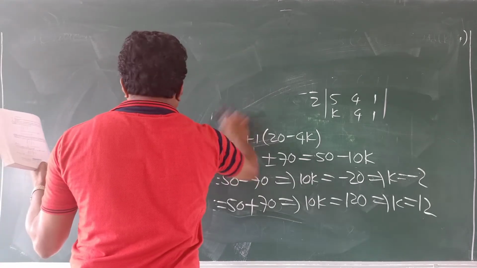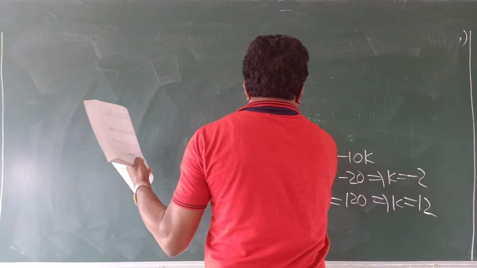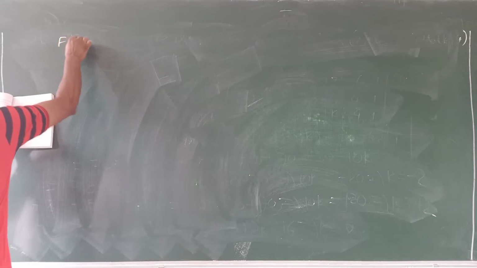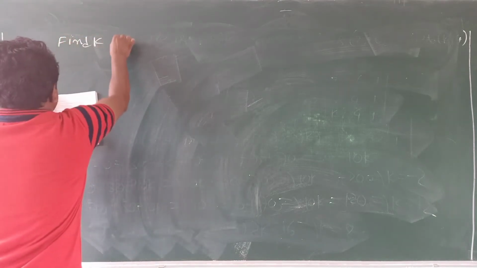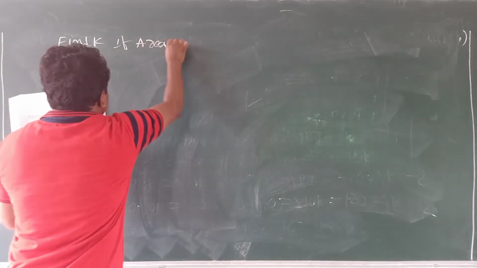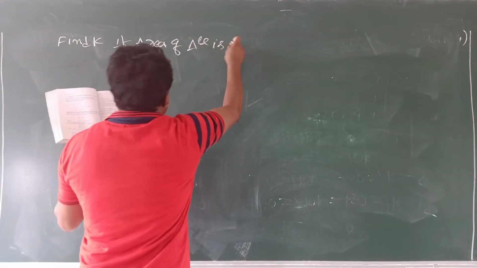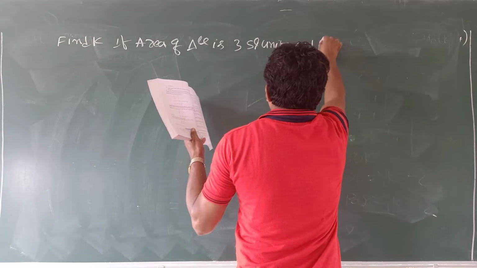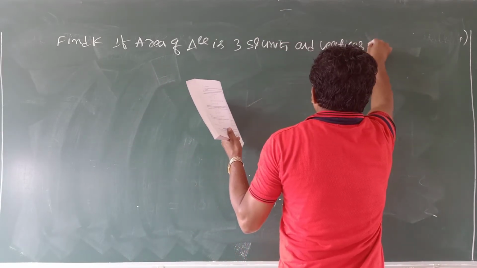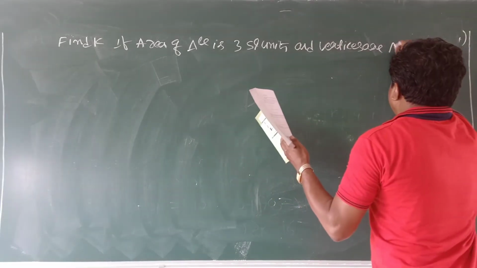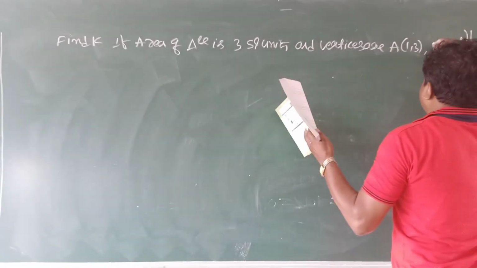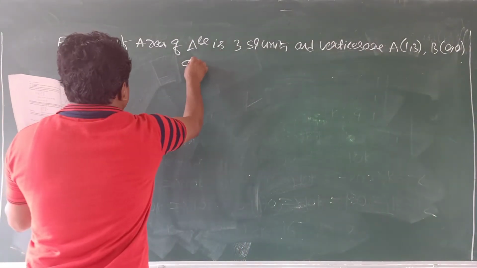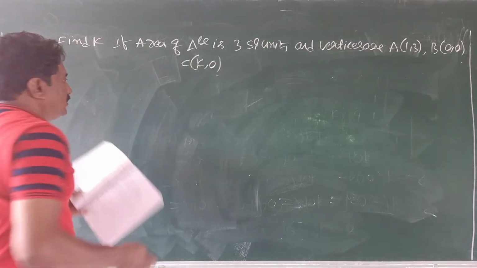Find k if the area of the triangle is 3 square units, and the vertices are A (1, 3), B (0, 0), C (k, 0).